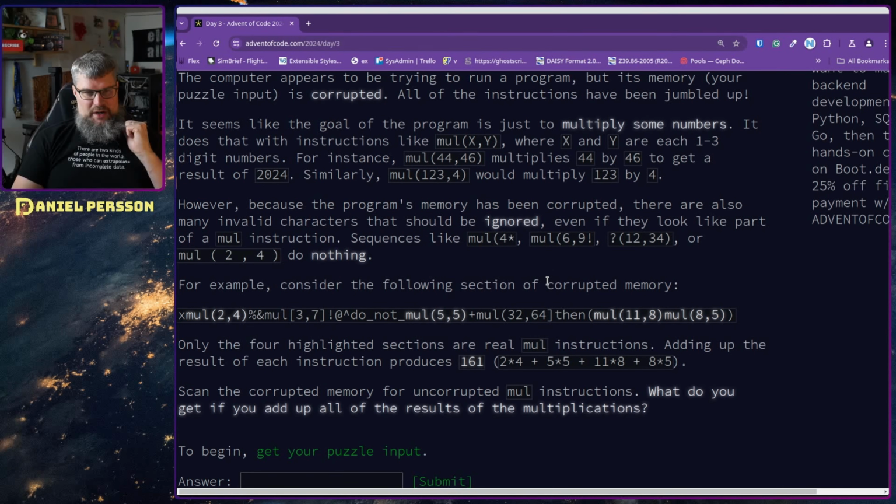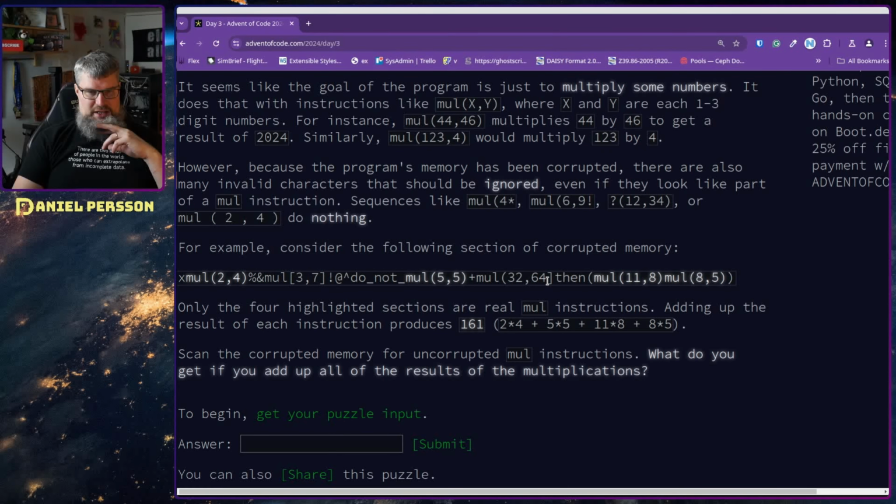However, because the program's memory has been corrupted, there are also many invalid characters that should be ignored. Things like mul(4*, mul(6,9!, ?(12,34), or mul ( 2 , 4 ) do nothing.